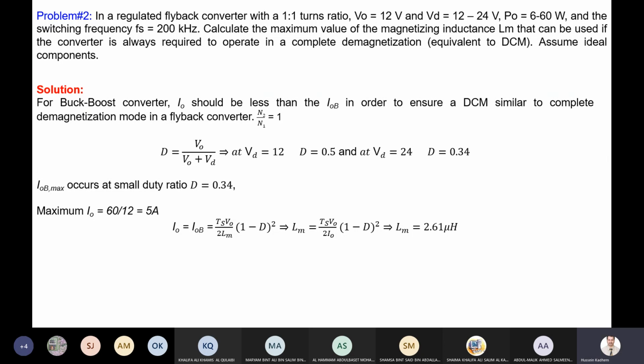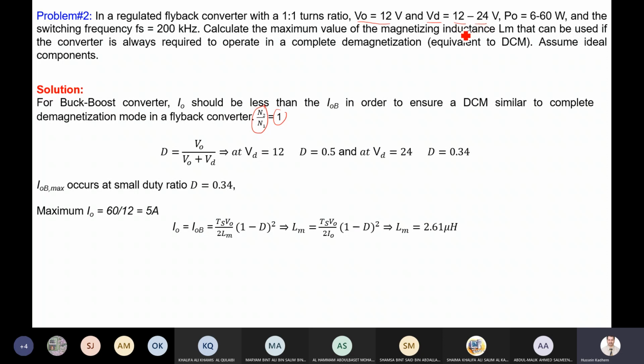With the 1-to-1 turn ratio, he already mentioned that N2 to N1 or N1 to N2 is 1. Done. It means there is no effect on the values. Output voltage is 12 volt, and he told me that input voltage is between 12 to 24.